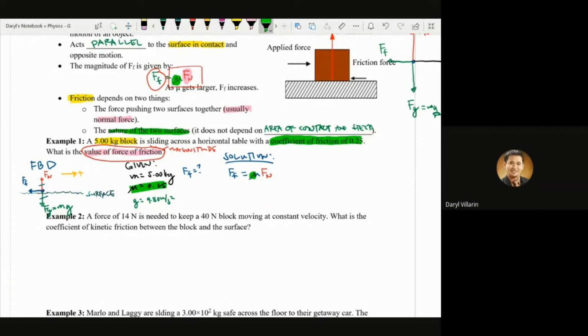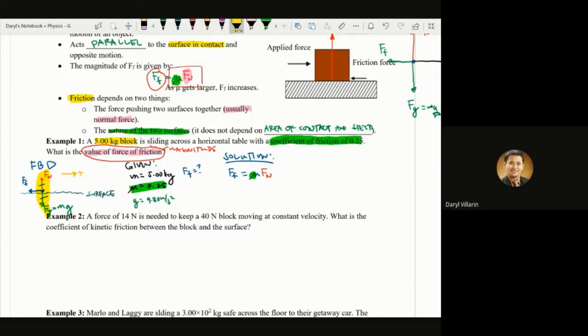But how about the normal force? Well, there's no vertical motion in this case. So since there are only two forces in the vertical component, I can say that Fn, the magnitude of my normal force, is just equivalent to the magnitude of my weight.